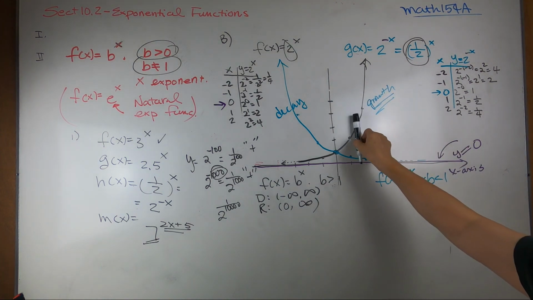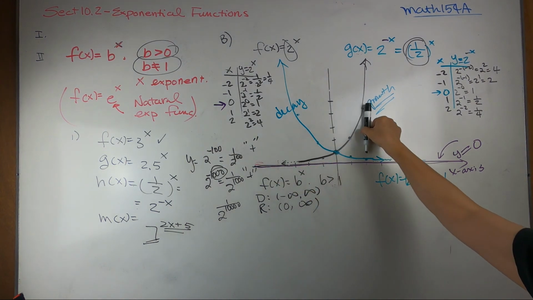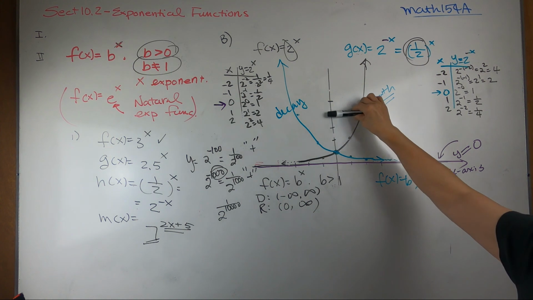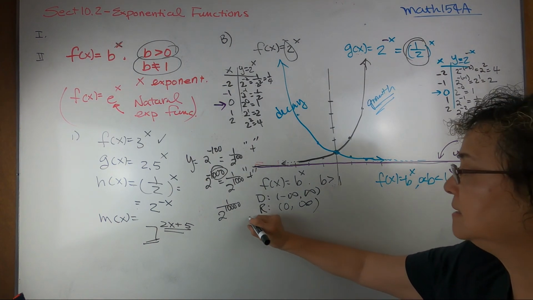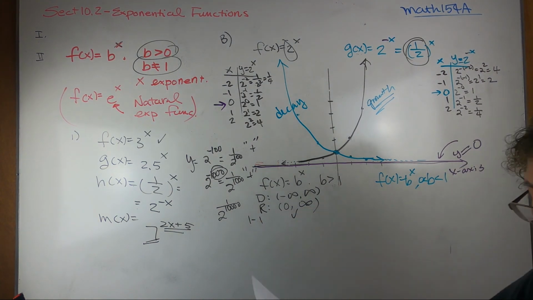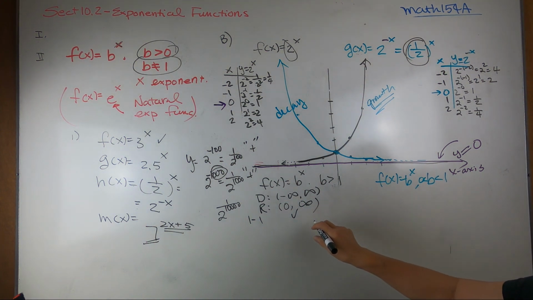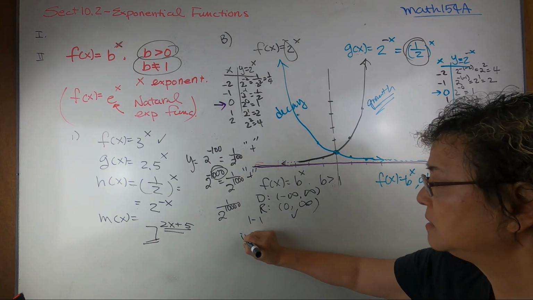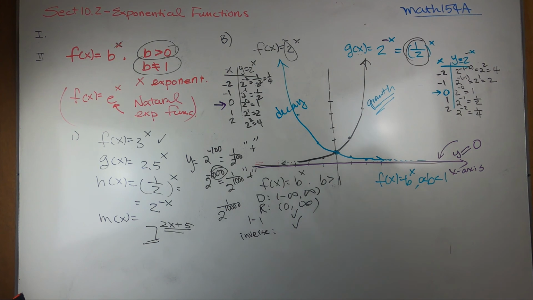So let's take a look at the function. Is this a function? Yes. Is this a one-to-one function with the horizontal line test? Yeah, one-to-one, yes. Okay, so if it's a one-to-one function, does it have an inverse function? Yes.